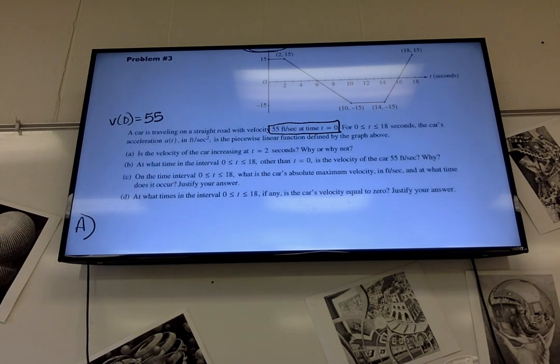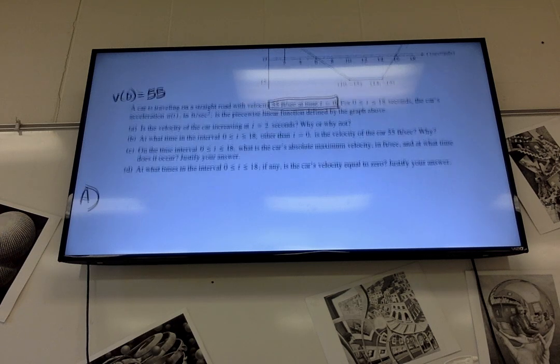So velocity increasing is really talking about what? Yeah, it's talking about acceleration. Because if you're trying to figure out if velocity is increasing or decreasing, that's acceleration. So at t equals 2 seconds, we see it's at 15. That's positive. So yes, it is increasing.